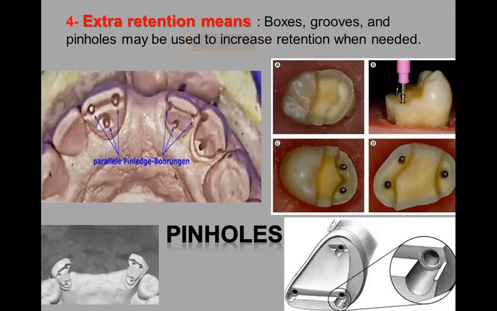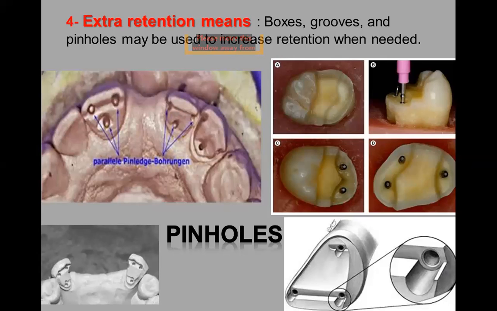All of them we call retentive means. So you see in the pictures, all these pictures in this slide are preparing pinholes in the anterior and posterior, and we can make use of these pinholes by inserting a part of the crown which looks like a pin.